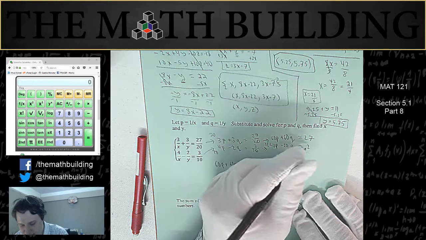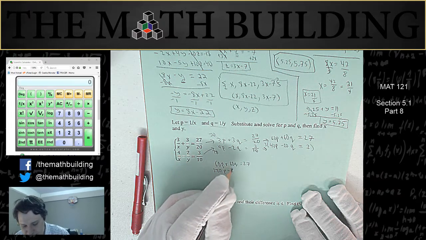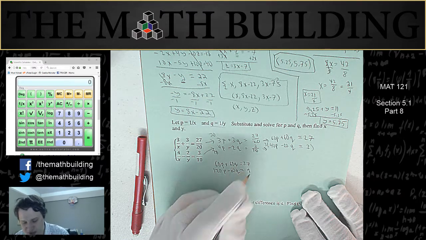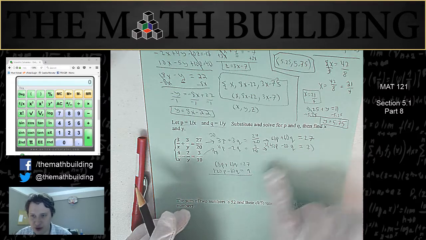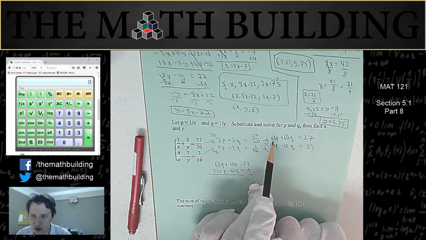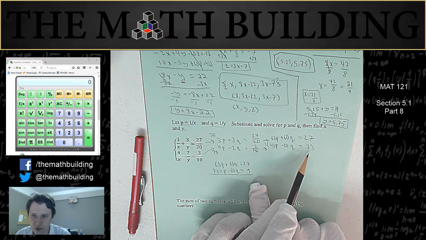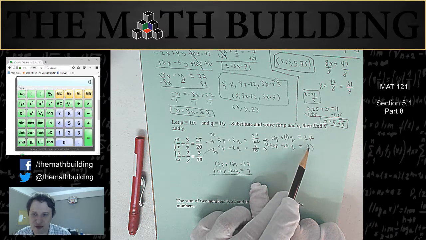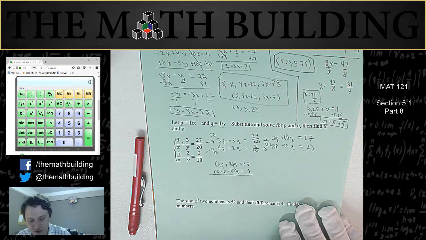So that's going to be 120p minus 60q equals 9. All I did there was multiply the bottom equation by 3. Don't forget to multiply that last 3. That's a common mistake. The 60q's cancel, which is what we wanted.